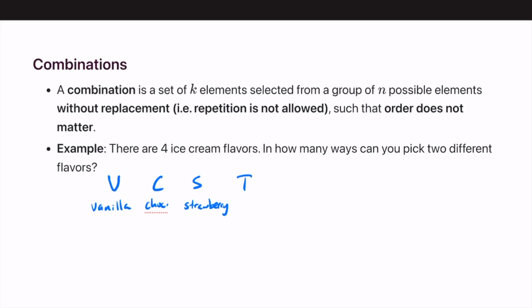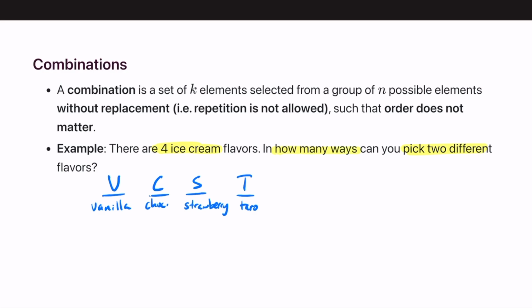And let's also go with taro. Why? Because taro is good. Why not? Okay, so these are our 4 flavors. And how many ways can you pick 2 different flavors?